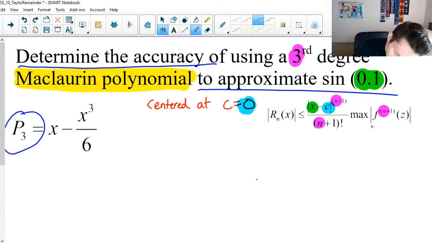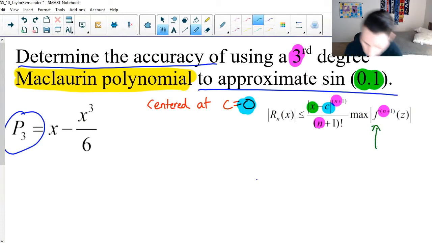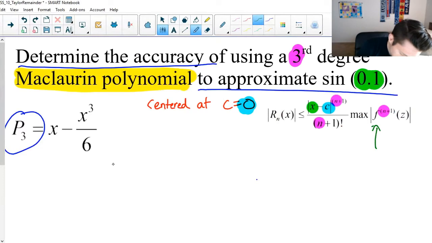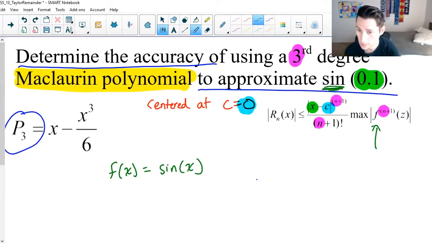Okay, well, as I can see here, I need the fourth derivative of f. So let's first do that. So f of x in this case is sine of x, that's the function that we're trying to approximate.